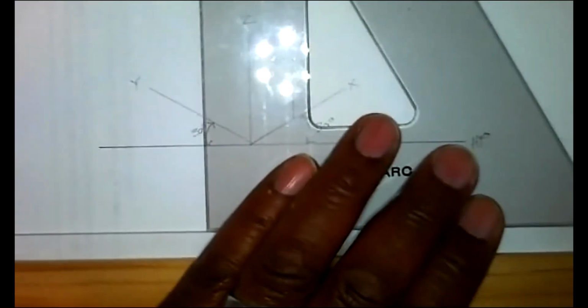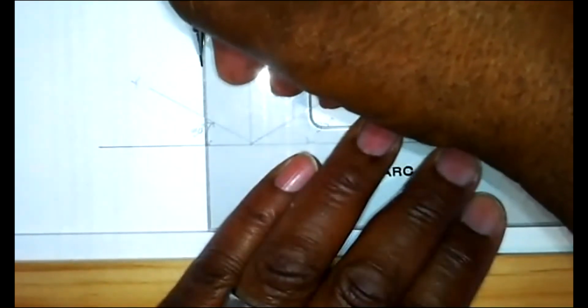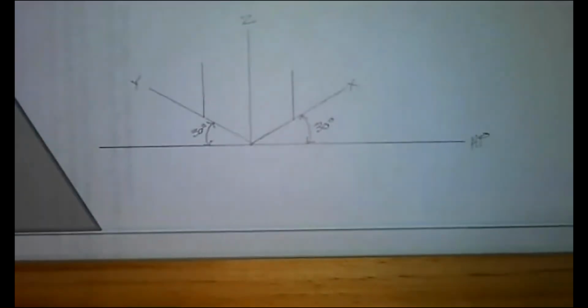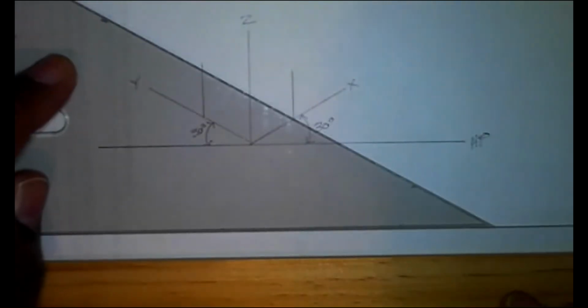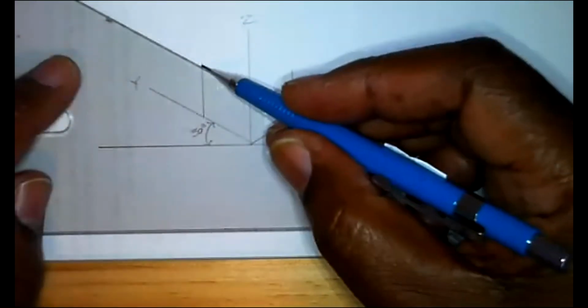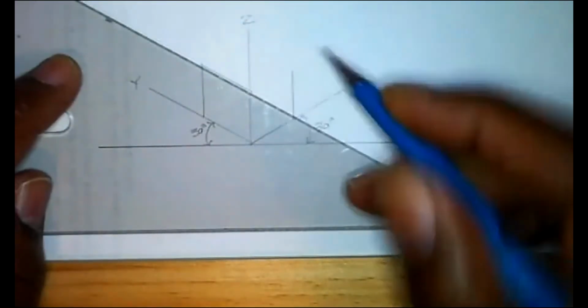I'll come over here. I'm going to draw another parallel line. All lines drawn along the y-axis are going to be parallel to it at 30 degrees, right? Good. Flip it over.